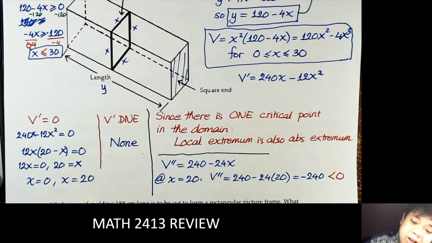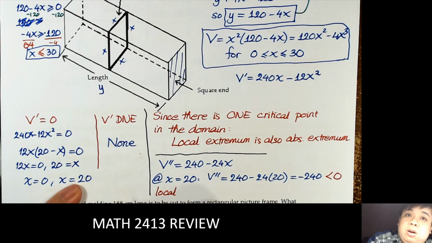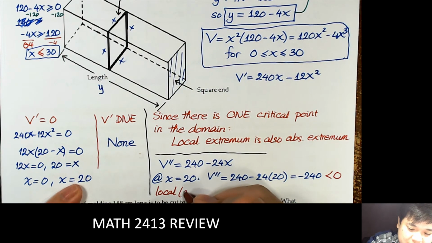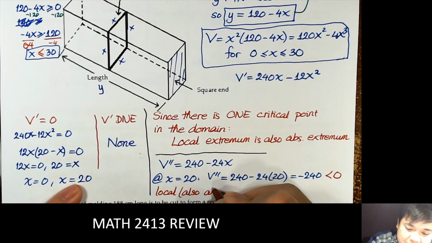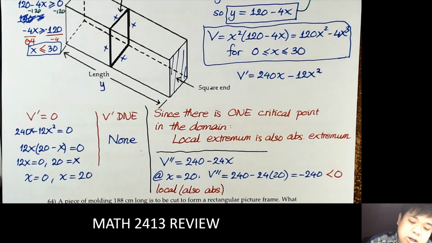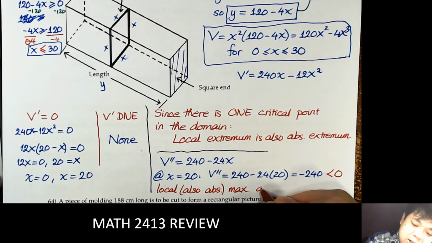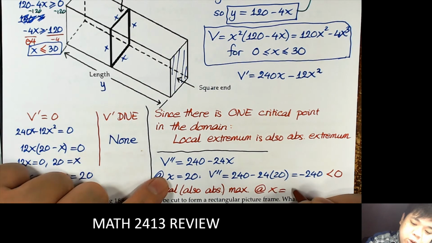So what we have is a local max, which is also absolute, because of this theorem, one critical point. Local and absolute max at x equal to 20.